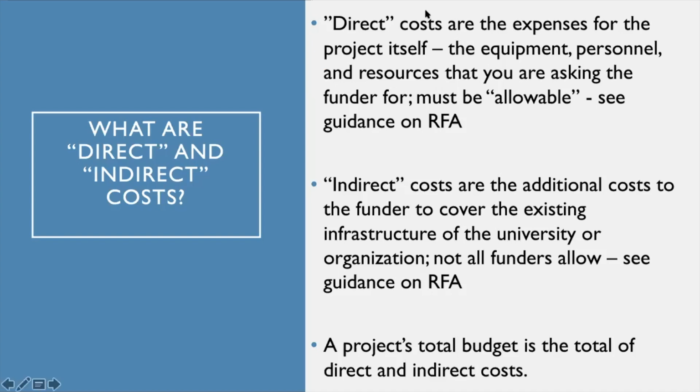So indirect costs are additional costs to the funder that cover the infrastructure of the organization that's asking for money. Now, not every funder allows indirect costs, but the federal government does, and most state grants do. So, for example, a federal grant from NIH comes with an indirect rate of 50%.